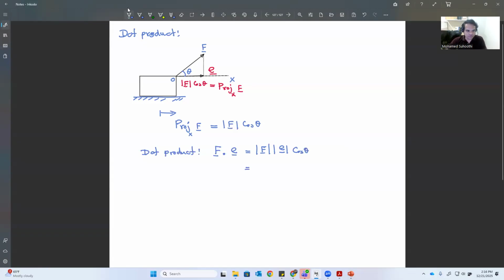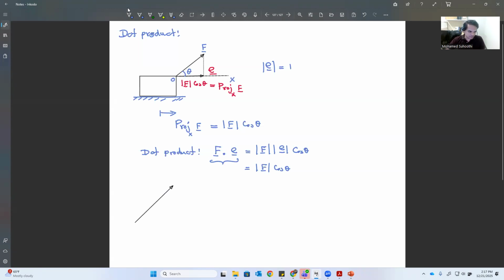But you know the magnitude of E is 1, because it is a unit vector I considered. So that means F cos theta. So now you understand the physical meaning of the dot product. The dot product gives the projection of one vector along one direction.